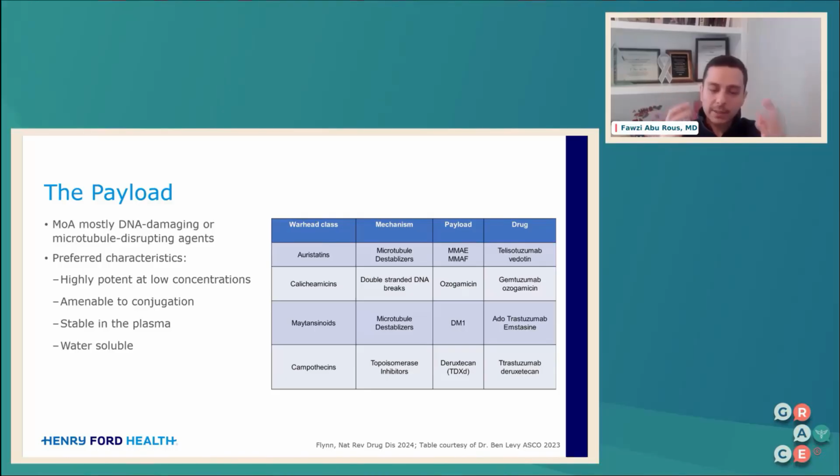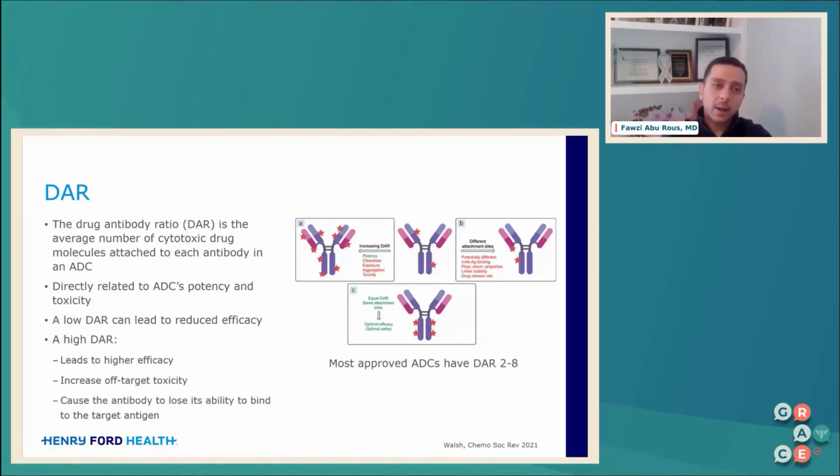I can't claim that I know exactly how that works, but I'm sure our scientists and pharma industries, when they're trying to design an ADC, think about the chemo that is amenable to conjugation to the antibody. Usually the types of these chemotherapies that are conjugated to the antibodies work by damaging the DNA of the cancer cell or damaging the tubules that the cancer cell uses in order to replicate its DNA. So it targets the core machinery of the cancer cell itself.